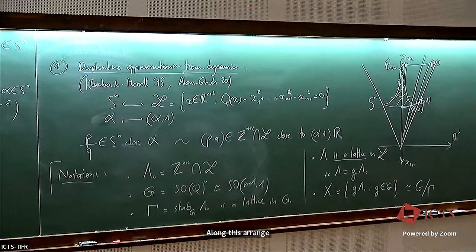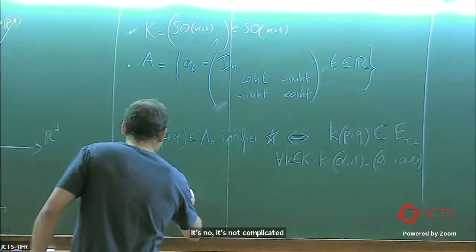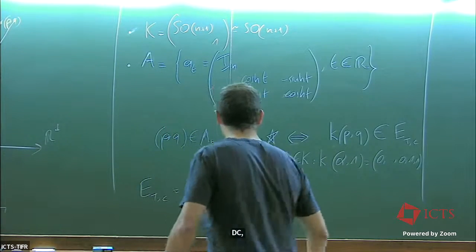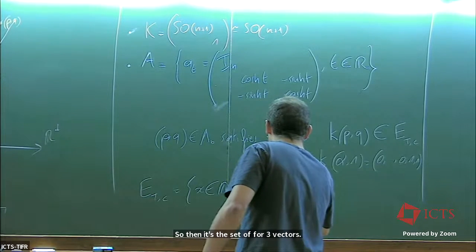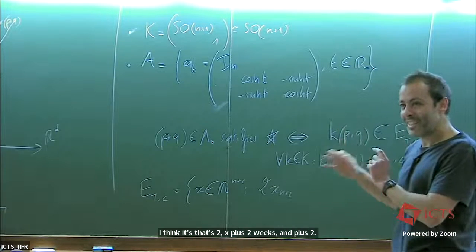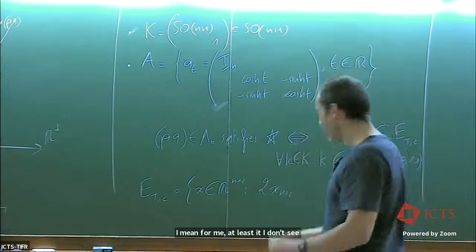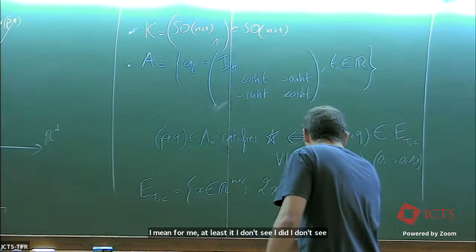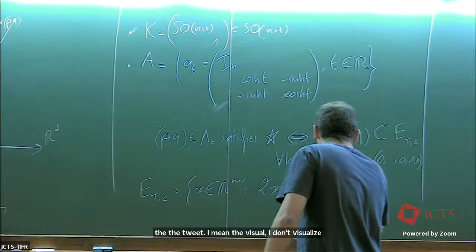Is this geometric? Yes. It's not complicated. ETC is the set of real vectors. I mean, for me at least, I don't see the intuition. I don't visualize this formula on this n-dimensional light cone.